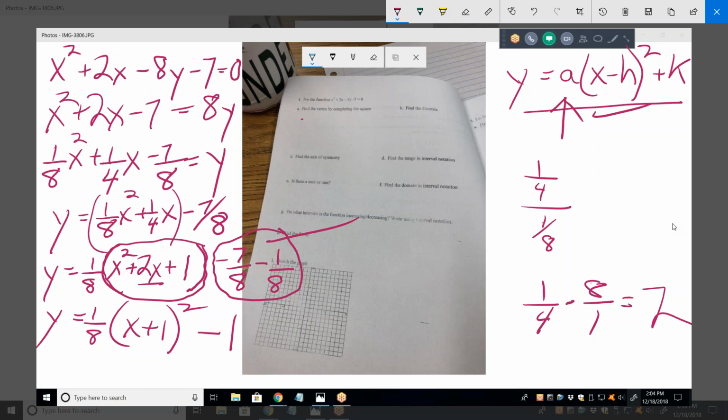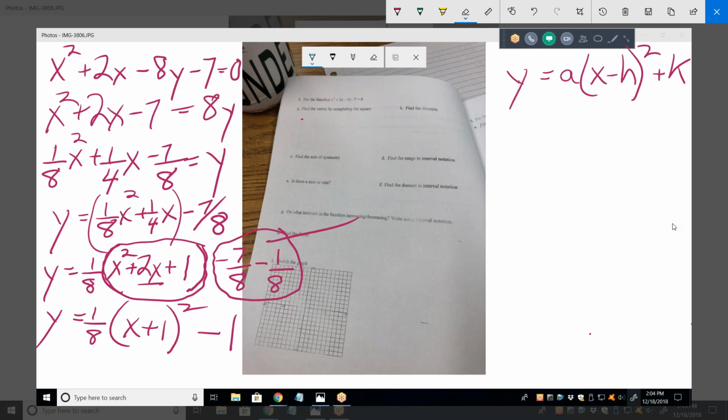Okay. Now look what we have. We have it in perfect vertex format. This thing over here on the right. Mm-hmm. So, on the general formula on the right, what is H and K? H is 1 and then K is 1.